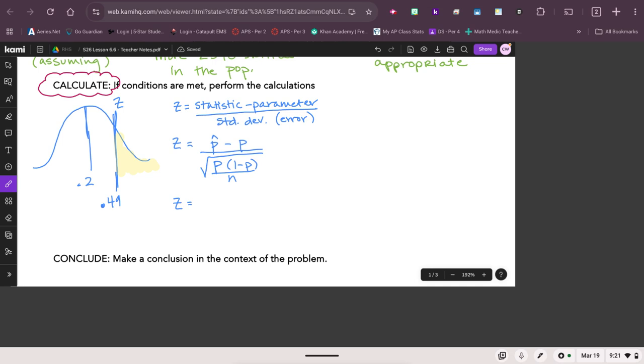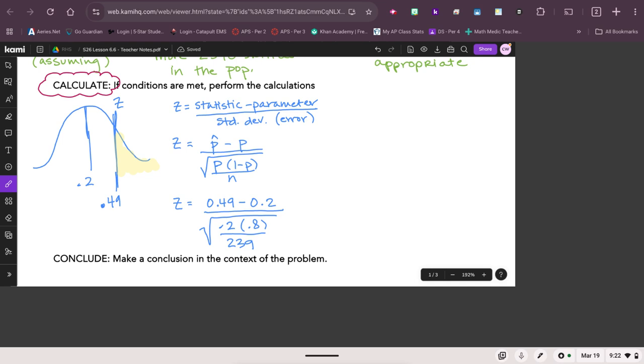When I write it with numbers, it is going to be my p-hat value minus the population's value divided by the square root of 0.2 times 0.8 over my sample size, 239.